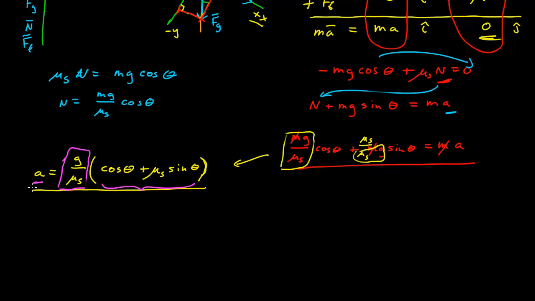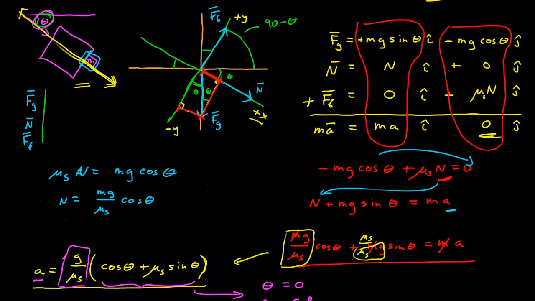And so now, to check to see whether it's right, I invoke something else that very good problem solvers always take advantage of. Limiting cases. So I have this result, and the first thing that I ask when I see something like this is, does this give a result that makes sense as theta goes to 0 or theta goes to 90 degrees?